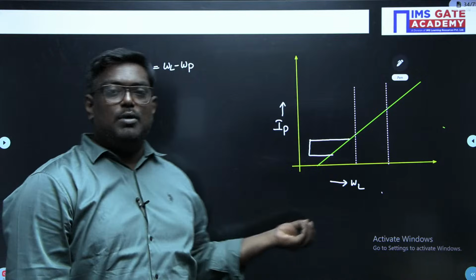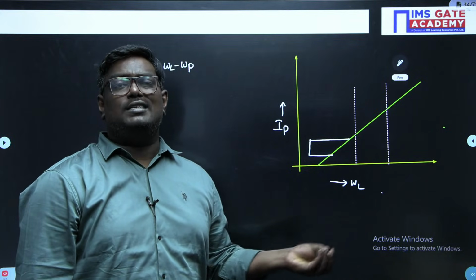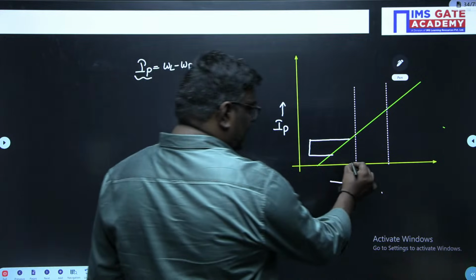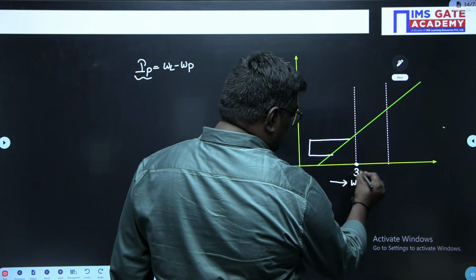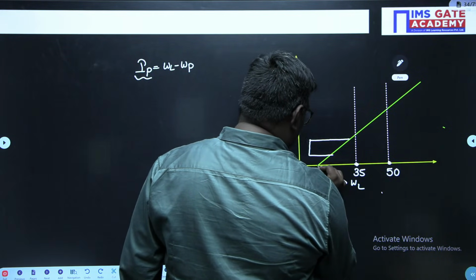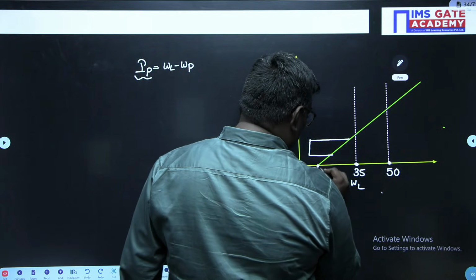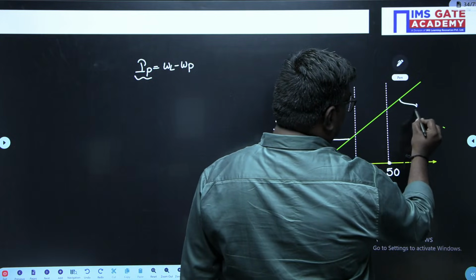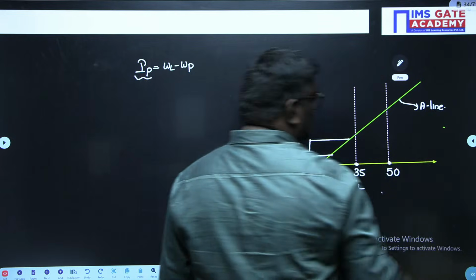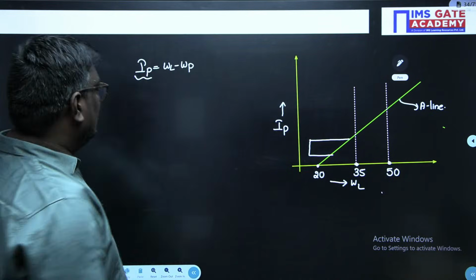Liquid limit is the minimum water content at which the soil has small shearing resistance. So here, my dear students, there are some values here, 35, 50, and this we call 20. This we call the A line.